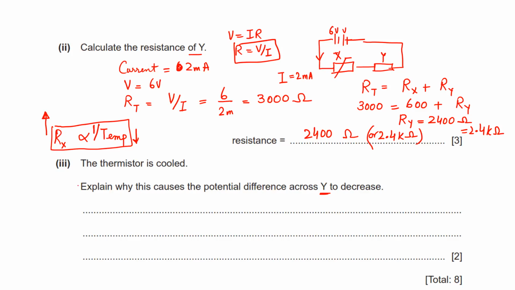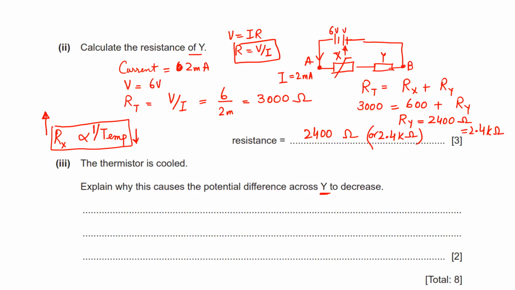So let me first try to explain it with the help of the circuit. If the resistance is increased, there will be more potential drop across the thermistor and less potential drop across the resistor Y, because the overall voltage appearing between A and B is 6 volt.